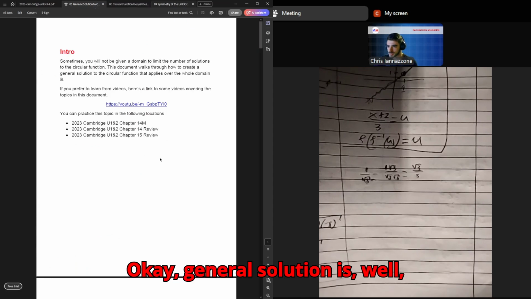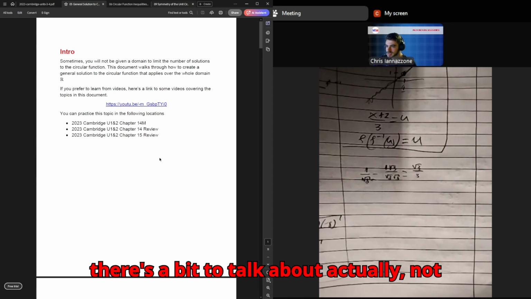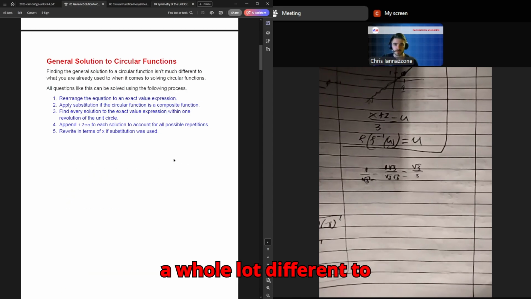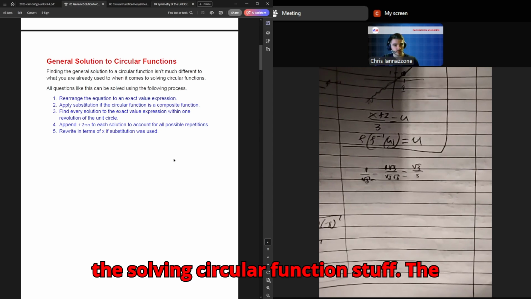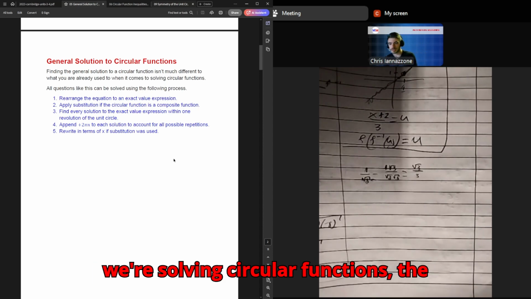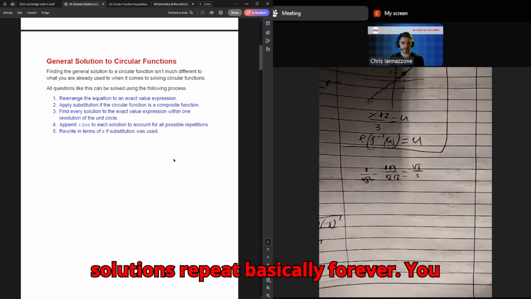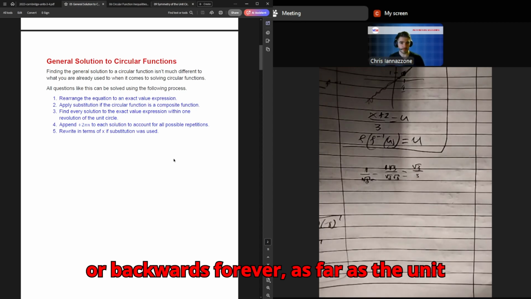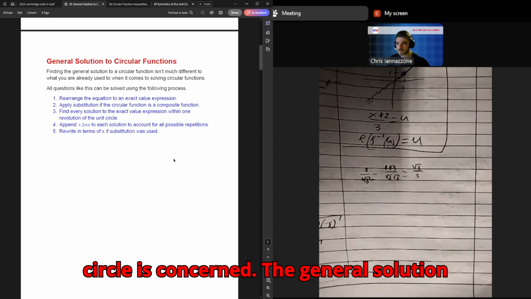Okay, general solution is, well, there's a bit to talk about actually. Not a whole lot different to the solving circular function stuff. The general solution is here because when we're solving circular functions, the solutions repeat basically forever. You notice that you could go forward forever or backwards forever as far as the unit circle is concerned.